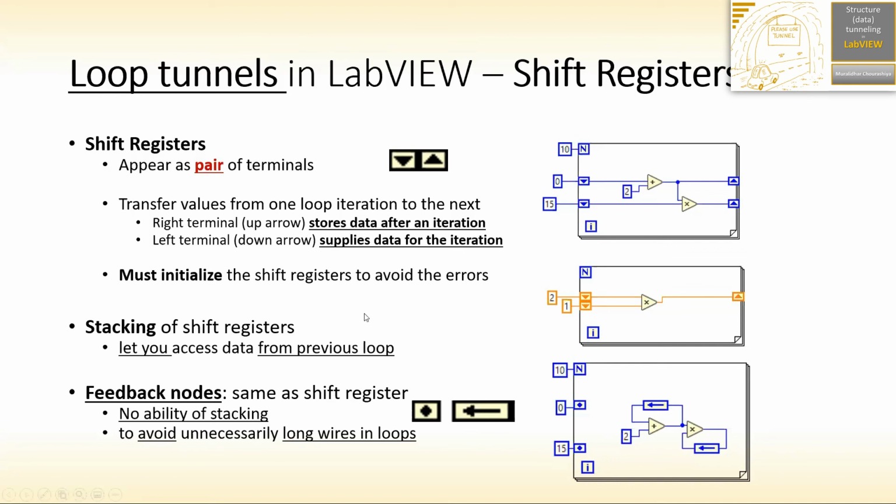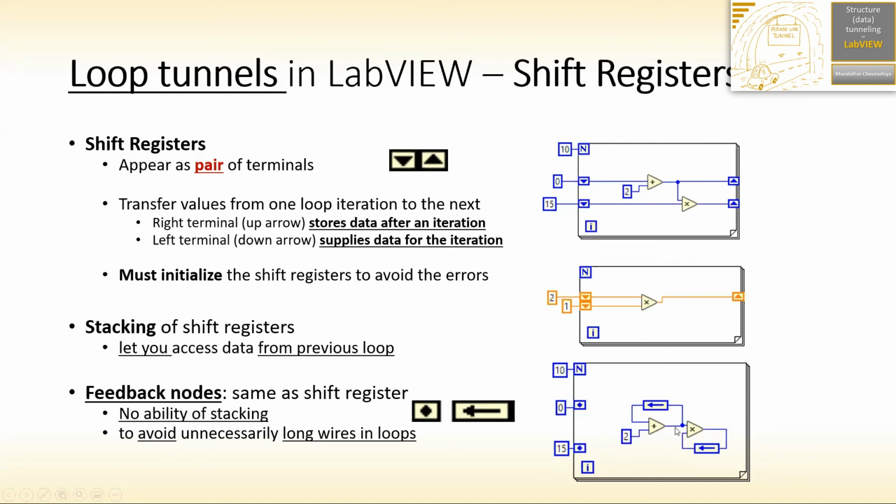And the other way of having the same functionality is using feedback nodes inside the loop. If you look at this one and this one, they are doing the same thing. The shift register has data going from here to here, processing, and again doing the same cycle.